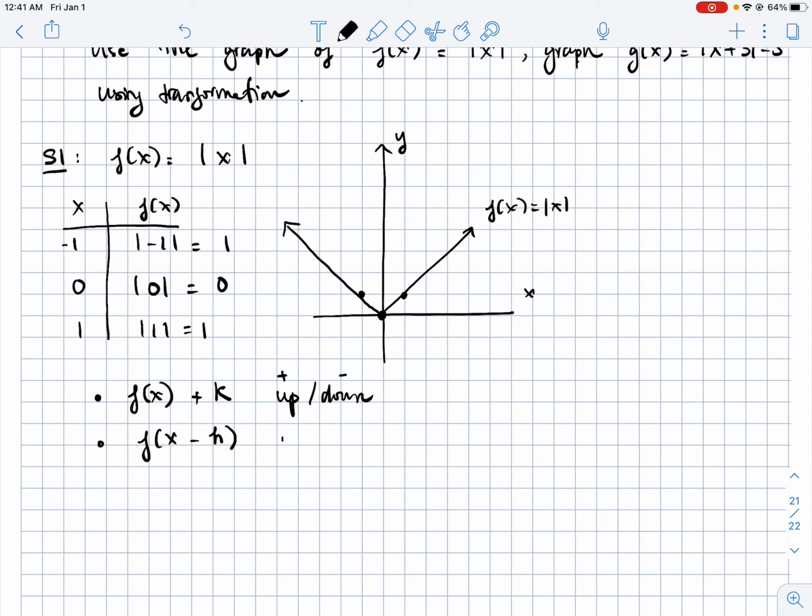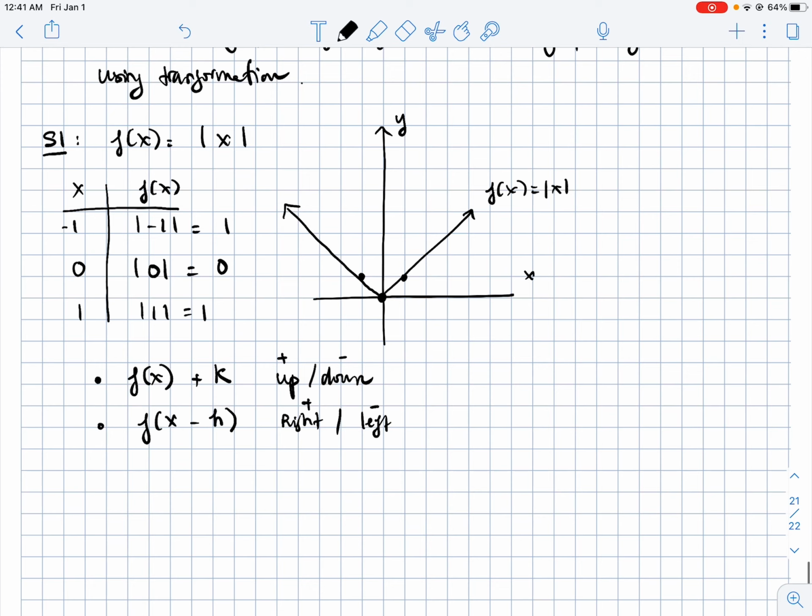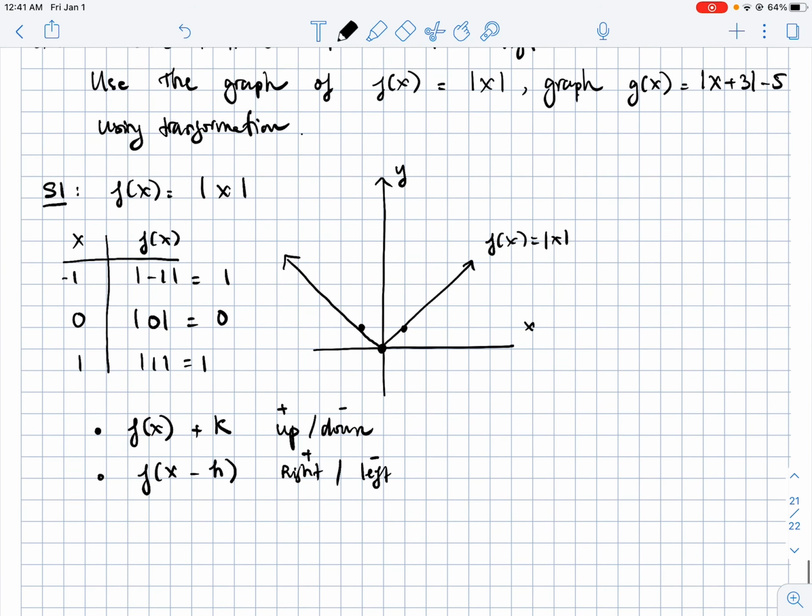H is inside. If h is positive, you go to the right, and if negative, you go to the left. So k outside tells up and down, h inside tells you left or right.